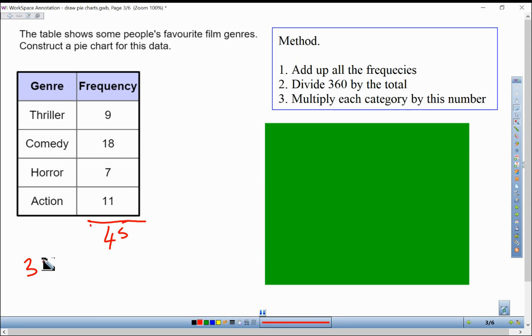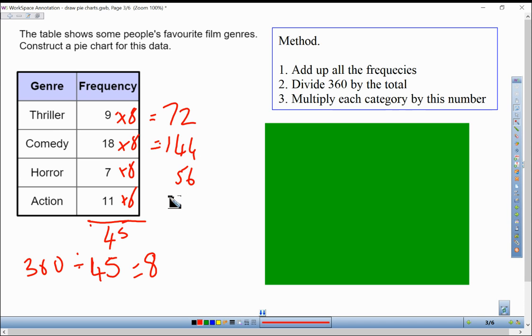We take 360. We divide it by 45. Gives us 8. So each of these gets multiplied by 8. Gives you 72, 80, 60, 50, 54, 144, 56 and 66. And that's the angles in degrees for your pie chart.